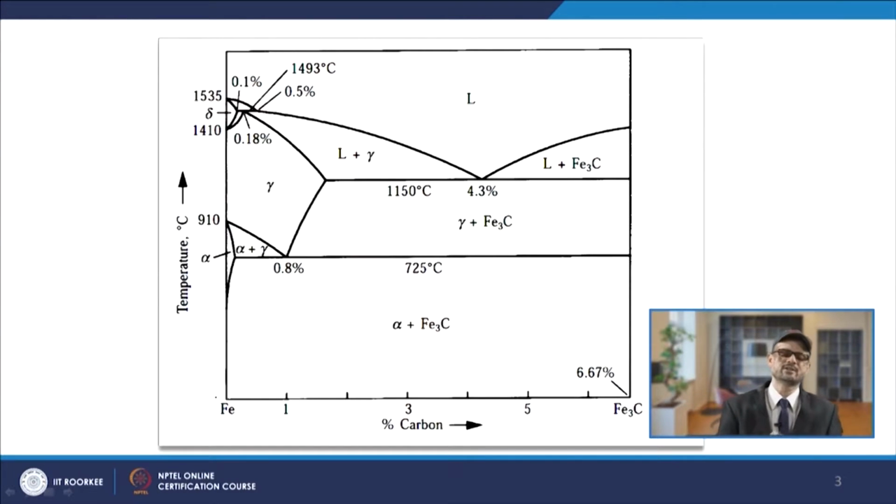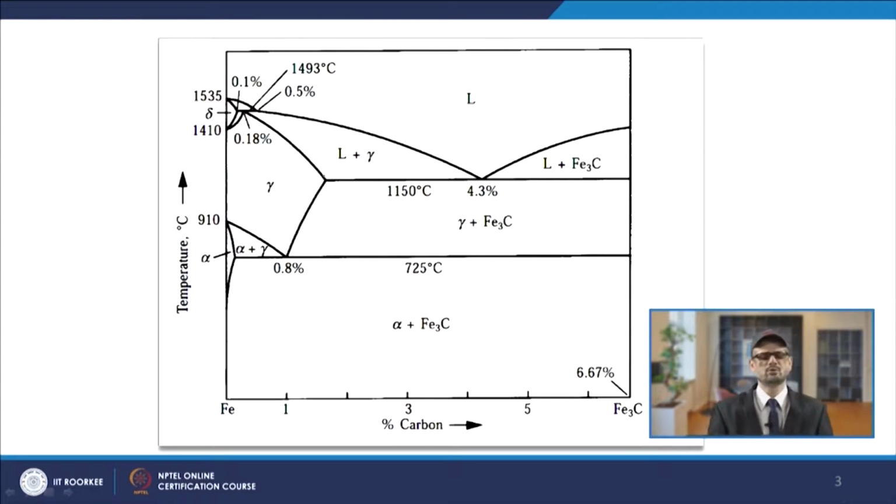However, as we increase the temperature the solubility of carbon changes, and it is different for the different allotropic forms of iron. Suppose this is gamma iron, here you can have the maximum solubility, close to 2% at this temperature.